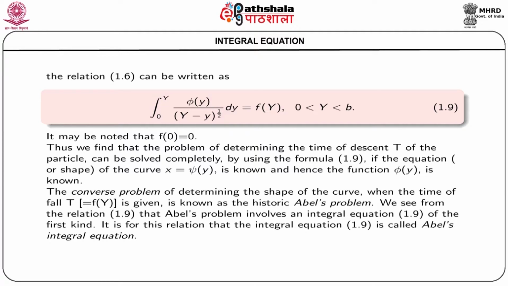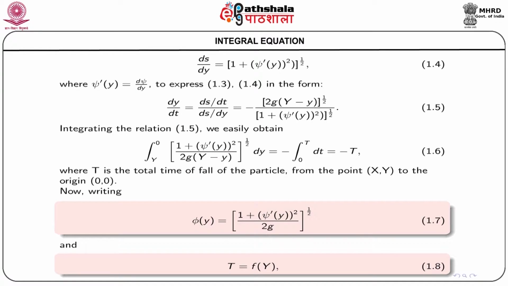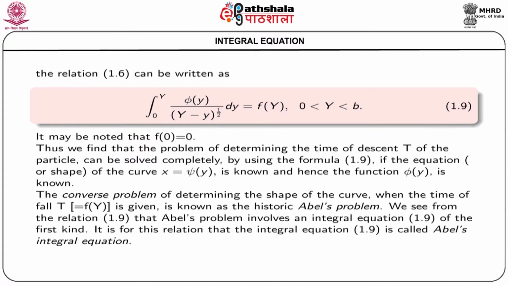Now phi y, as we remember, is related to the shape of the curve x equal to psi y through relation 1.7. So if the shape of the curve is known, then from equation 1.9 we can determine the time of descent.